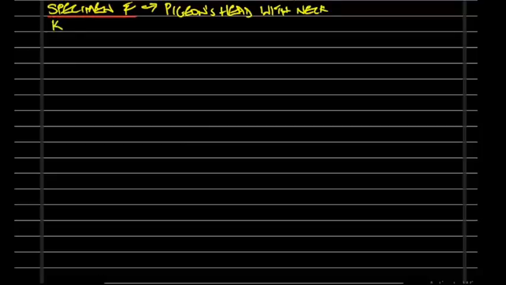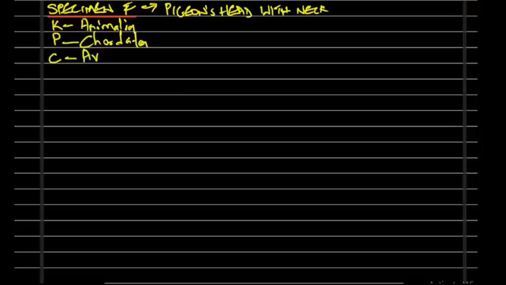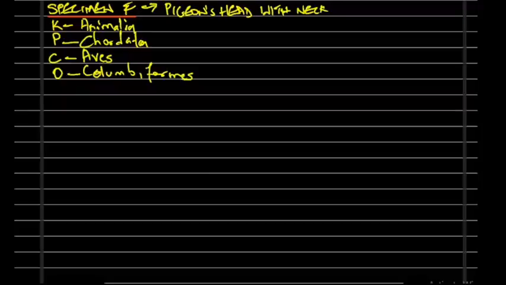Classification for the pigeon now. Start with the kingdom. It is Animalia. The phylum we have it to be Chordata, because it is a chordate, it is a backboned animal. Then the class there, we have it to be Aves. And the order, we have the order to be Columbiformes. We have the family to be Columbidae.